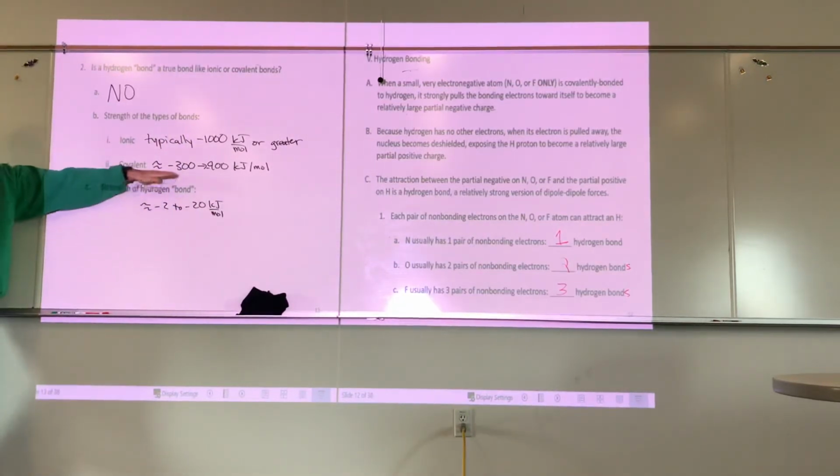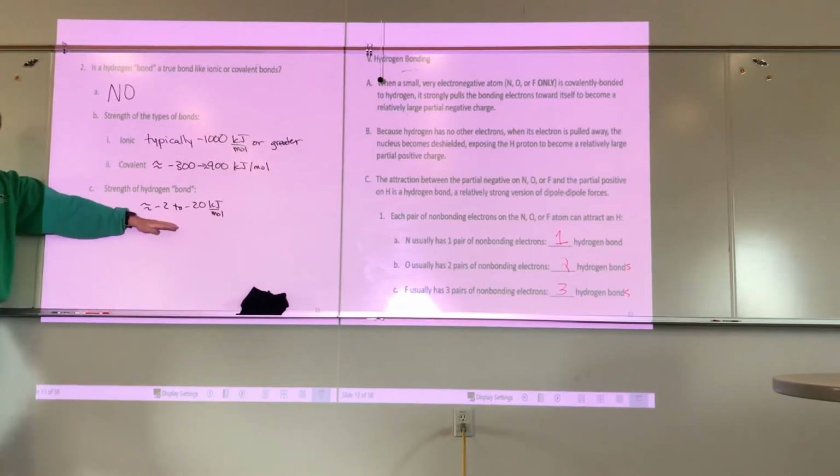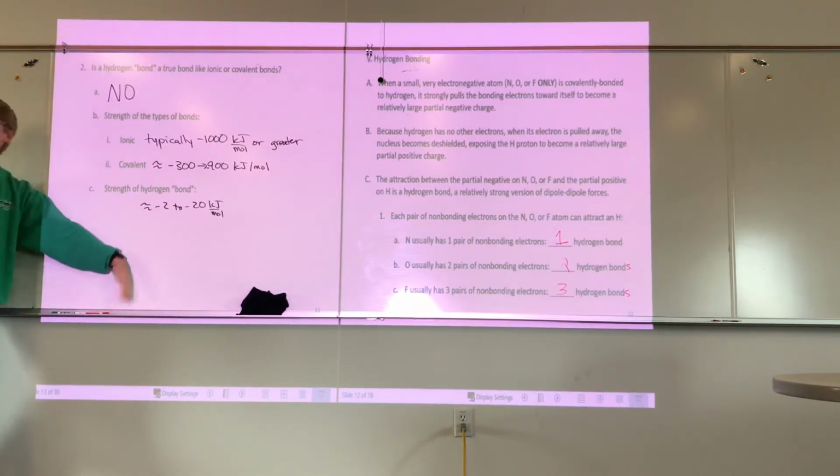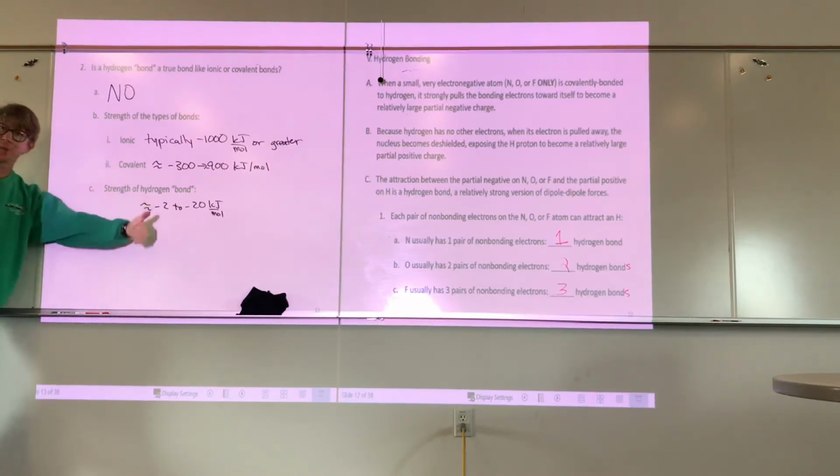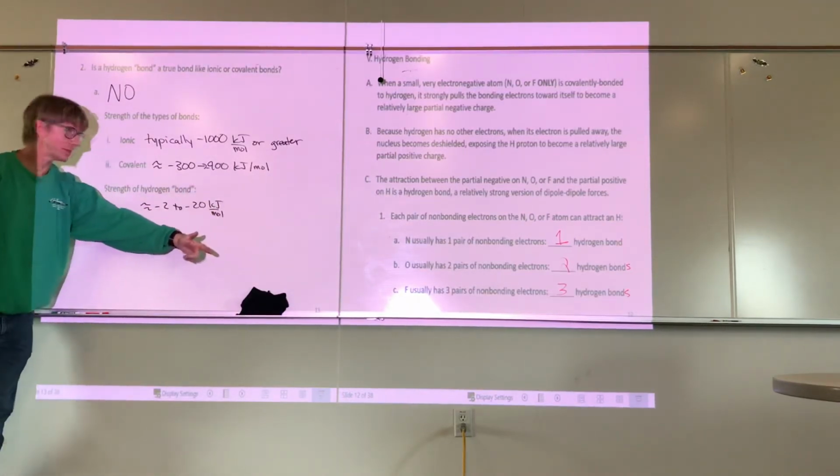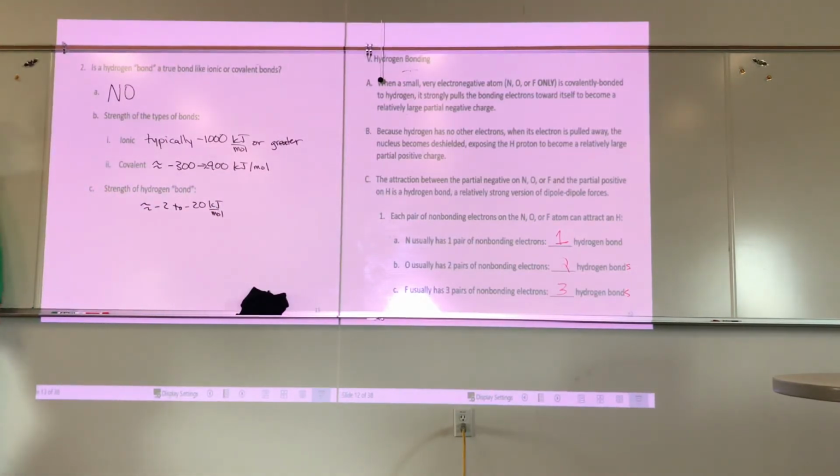So it is at least an order of magnitude smaller than the other ones. Although I should say that hydrogen bonds are bigger than the other intermolecular forces, dipole forces and LDF, typically. That's just to give you an idea of their size. And the minus signs, again, just mean we're all talking forces of attraction. Any questions about that?